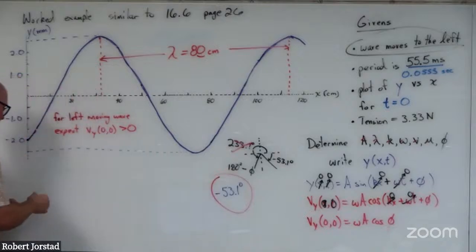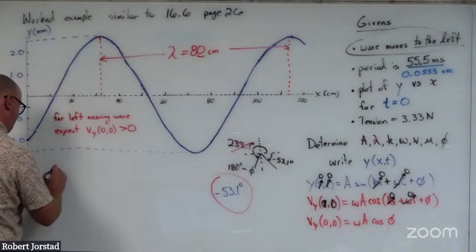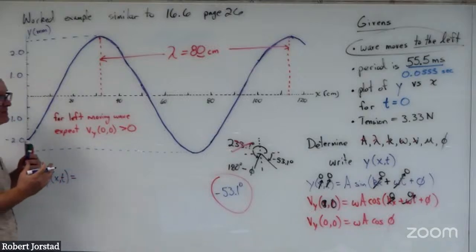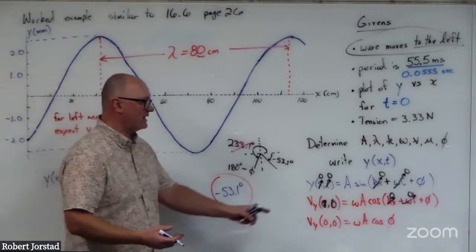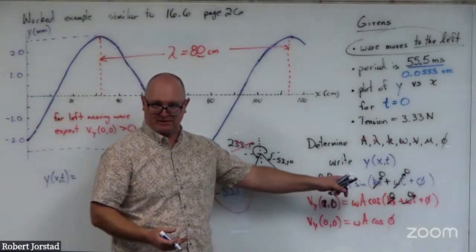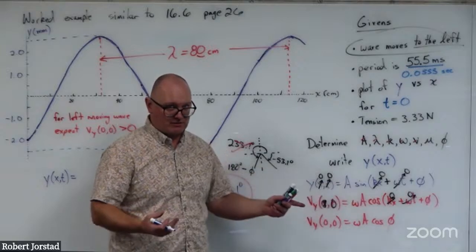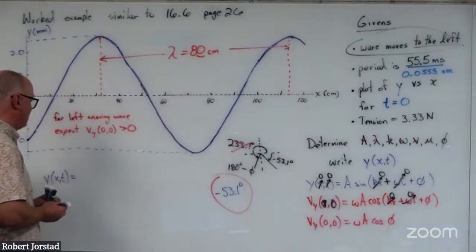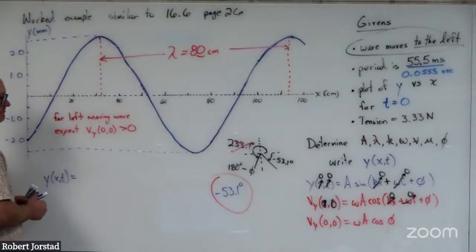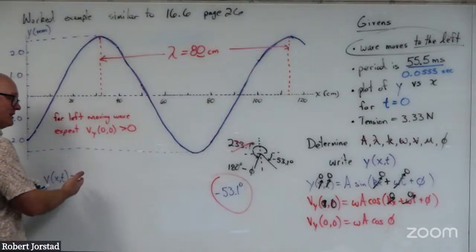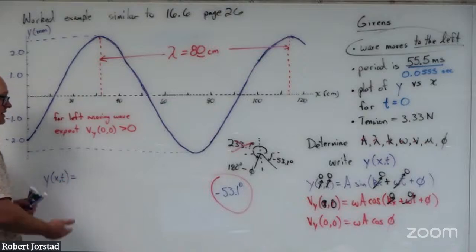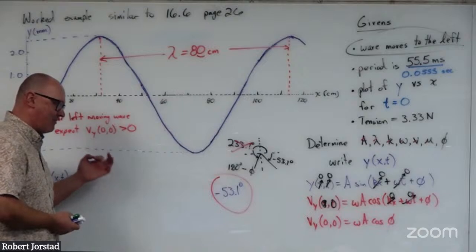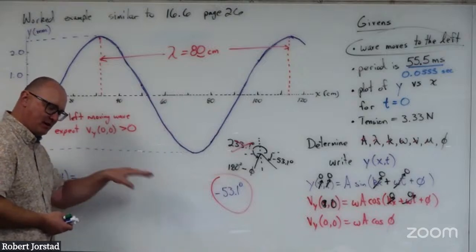So now I can write y of x and t is equal to, we have to be careful now. If we're going to plug in the numbers for amplitude and all this nonsense, we should include the units. So when you have an equation with known parameters with units and variables, you should put the units on the known parameters because that will affect somebody that wants to plug in information.